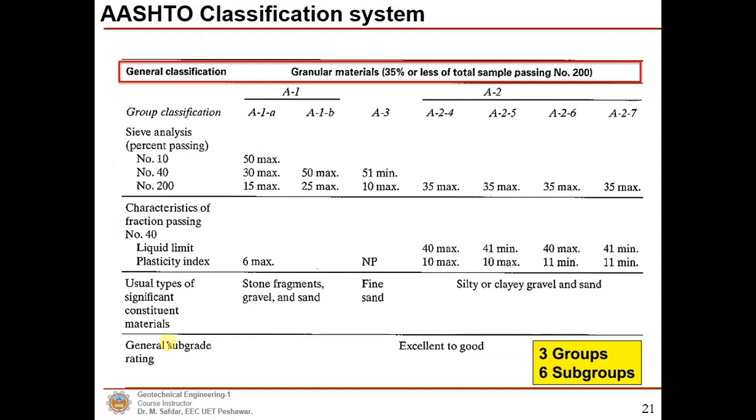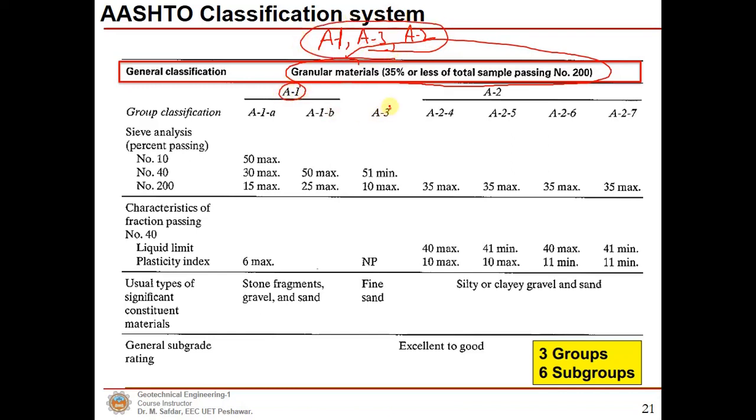Now, the AASHTO soil classification is presented in the form of a table where you can see the granular materials, 35% or less of total sample passing number 200. These are A1, A3 and A2.